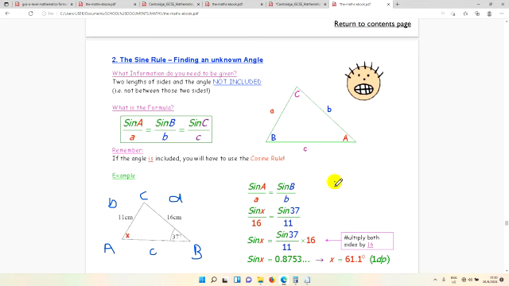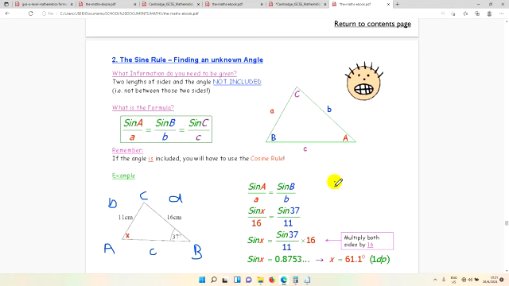It's 16 sine 37 divided by 11. So you get 0.8753, it's 0.8754 anyway.